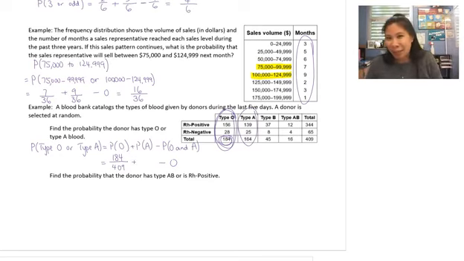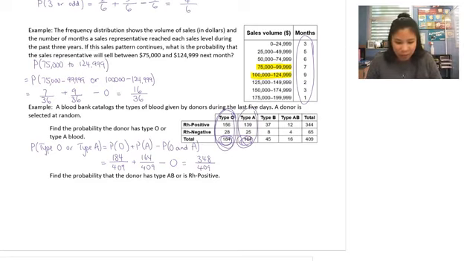Then we want to add that probability to the probability of you having type A blood, which would be the 164, because that was the total for type A out of the 409. When we add that together, we end up with 348 out of 409. So that would be the probability of choosing someone who is type O or type A.